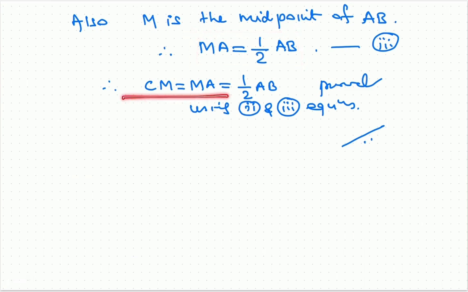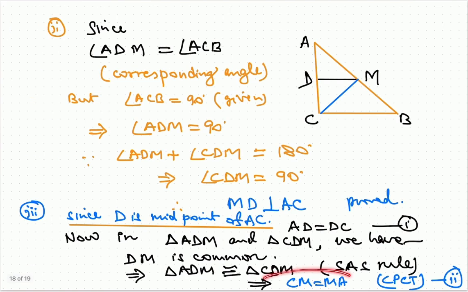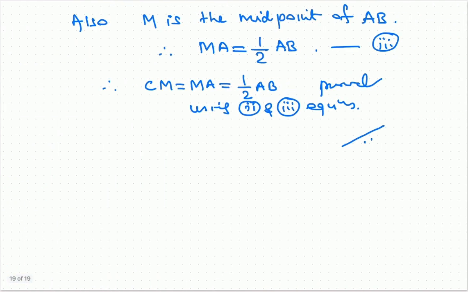So we proved that CM is equal to MA is equal to half AB.